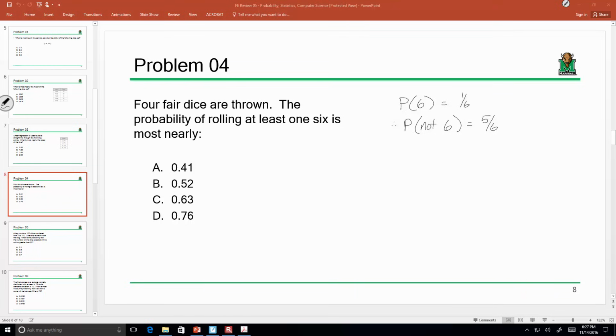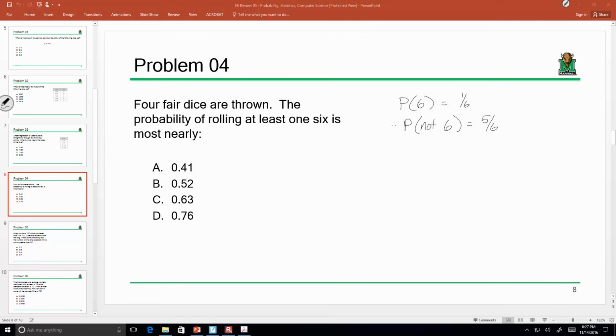Now, if you go back to your probability and statistics course, if you have 2 independent events and you're asking for the probability of a given outcome on both of those events, you essentially multiply. The probability of rolling a 6 once is 1 out of 6. The probability of rolling a 6 twice would be 1 out of 36. Okay with that?